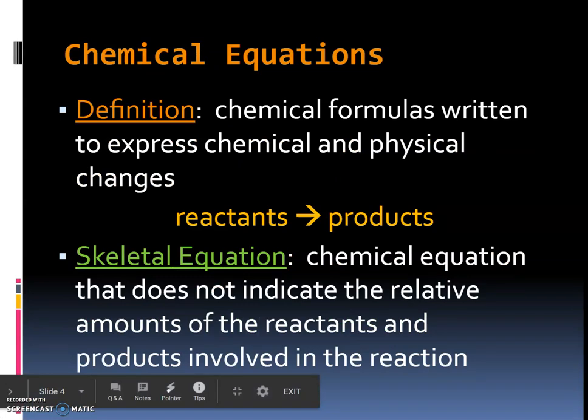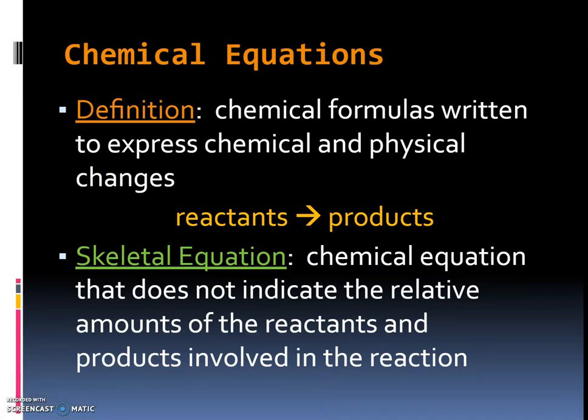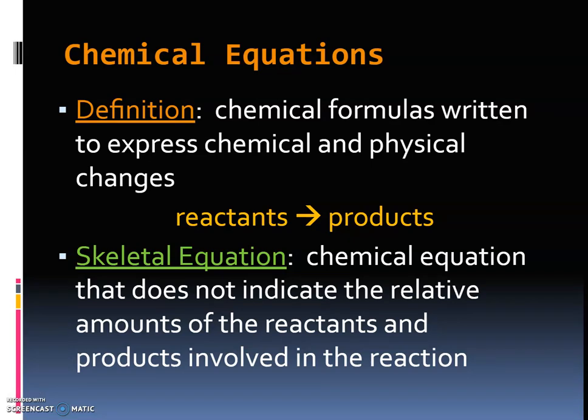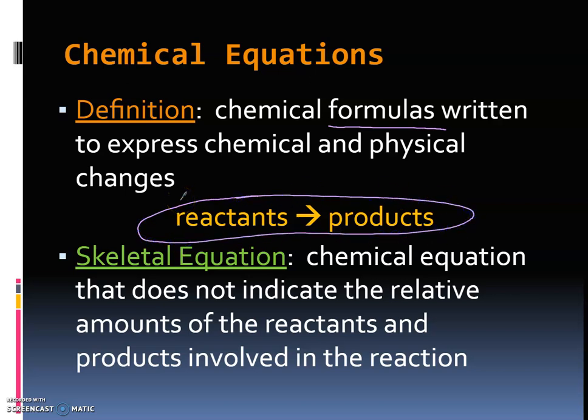So our chemical reactions show those chemical formulas. Okay, it's a lot easier to write out the formulas than it is to write out a whole big sentence. And we already spent so much time doing all of our chemical formulas with ionic and covalent bonding. So those chemical formulas are used to express those changes in reactants into products.